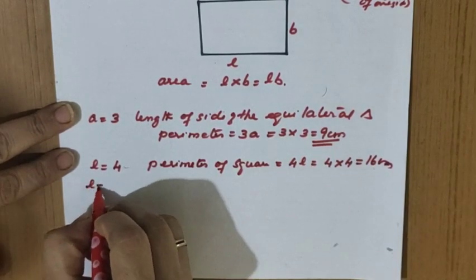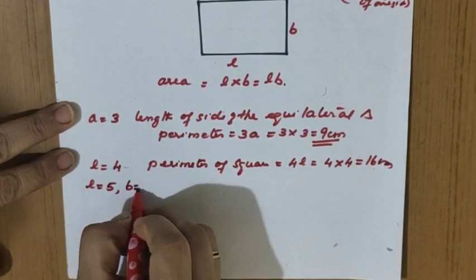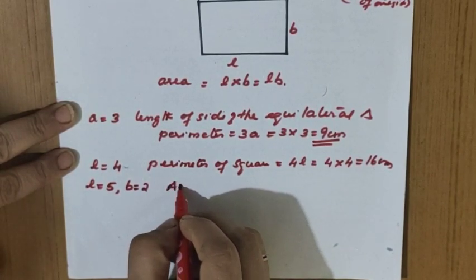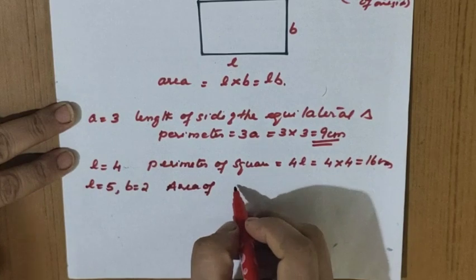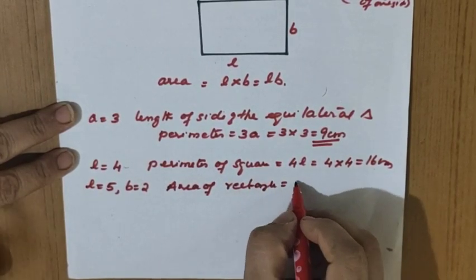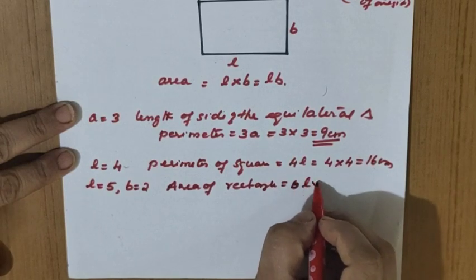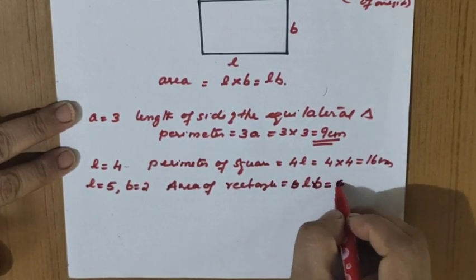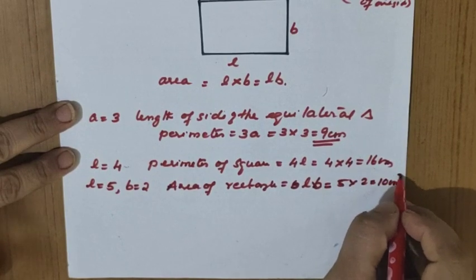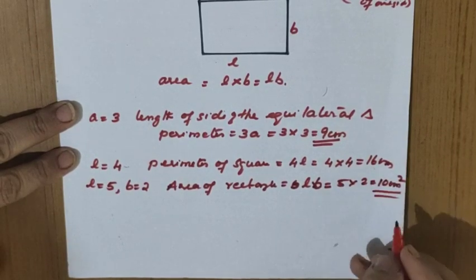Similarly, L equals 5, B equals 2 for a rectangle. Then the area of the rectangle: first the formula LB, then 5 into 2 equals 10 centimeter square, if the length is in centimeter.